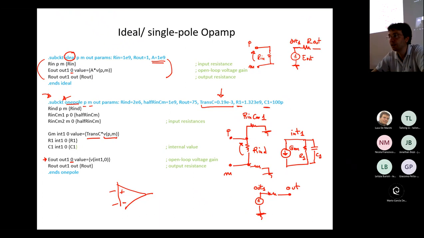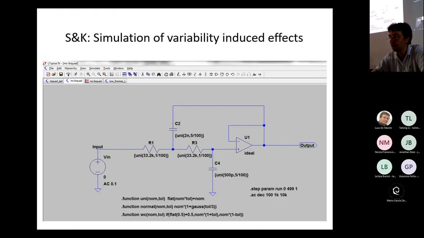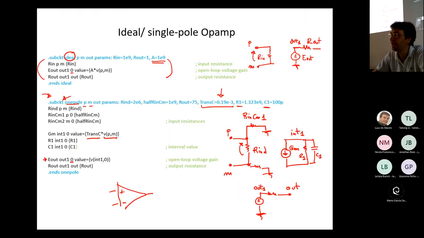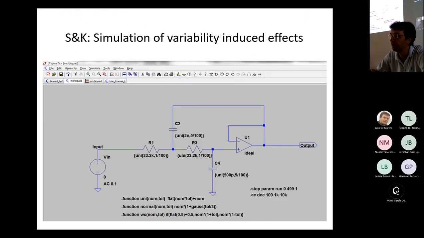Once you have used either the ideal or the single pole or both solutions, you can first test the simulation of the frequency response with the pure .ac command. And then, as a last step, you induce variability effect. In this slide, it is shown how you can do that.